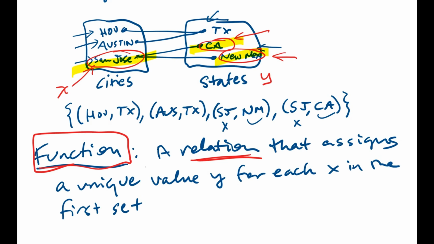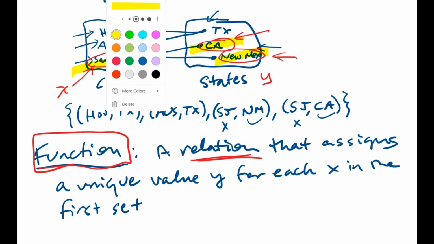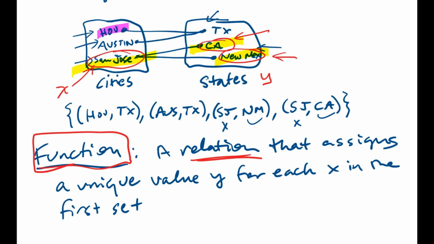They want a single answer out of each question. So for Houston going to Texas and Austin going to Texas, that's okay. One question, one answer. One question, one answer. But this question, San Jose, goes to two different ones right there. So that's the problem.